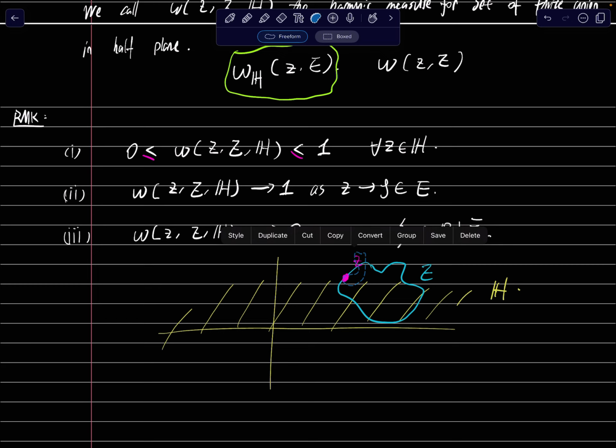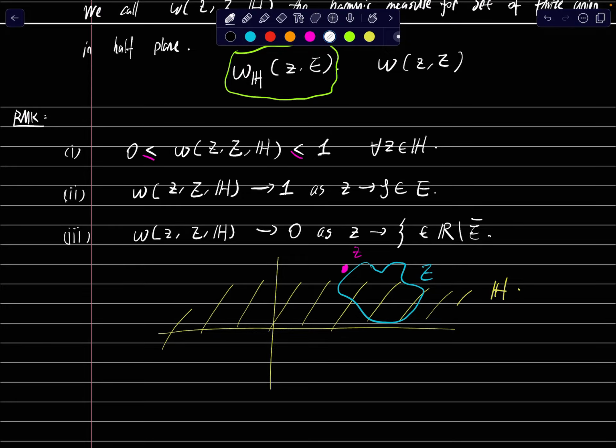In this case, z happens to be a point on the closure, so it still converges to 1, as suggested by the second property. But as long as z exits the boundary, it's going to have a value 0. So this is part of the reason why using Brownian motion is a very natural way to interpret the potential theory or harmonic measure, because of this very specific property.